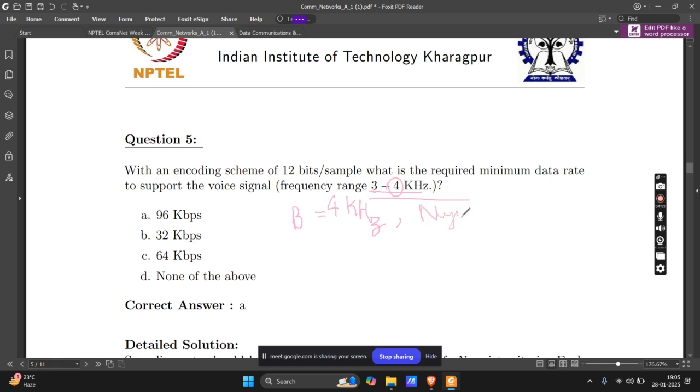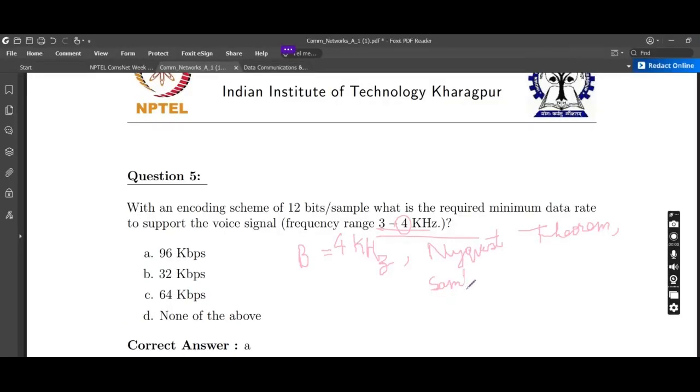No answer. Okay. So Nyquist theorem states that for a signal to be reconstructed at the receiver, it must be sampled at twice the bandwidth. So for voice signal, what should be the minimum sampling rate? The minimum sampling rate should be fs equal to 2 into 4, or 8 kilosamples per second, 8 kilohertz.